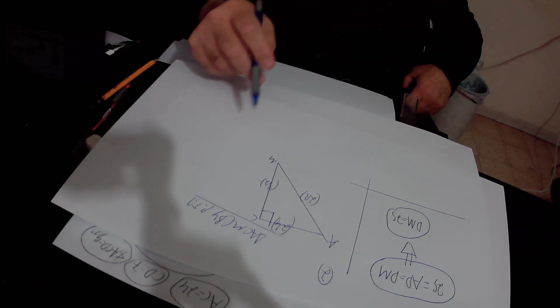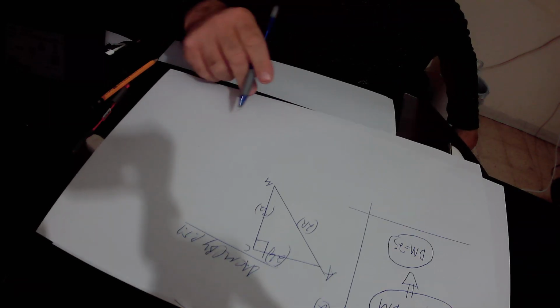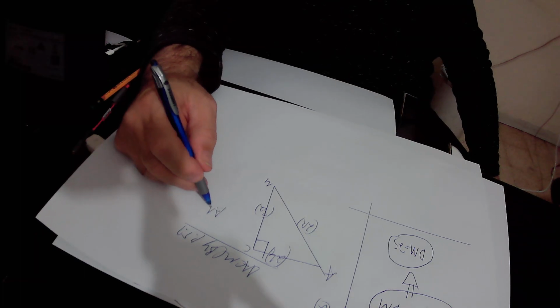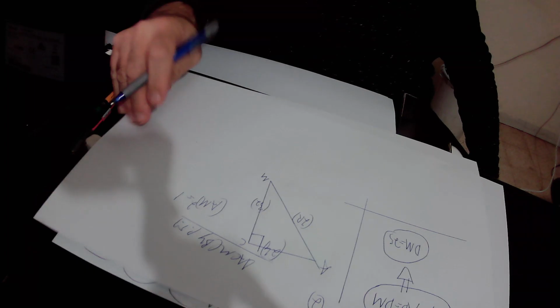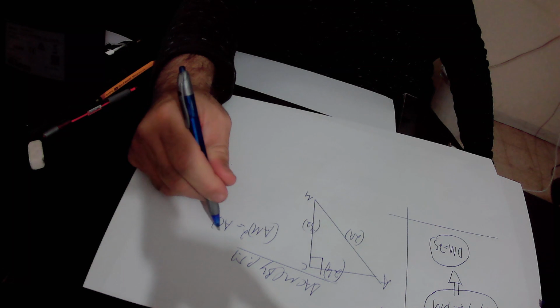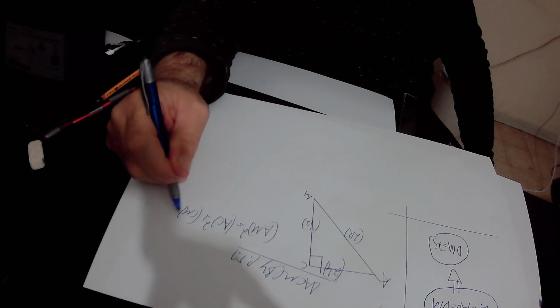According to the Pythagoras theorem, in this right triangle ACM, AM squared, that is the square of the hypotenuse, equals AC squared plus CM squared.